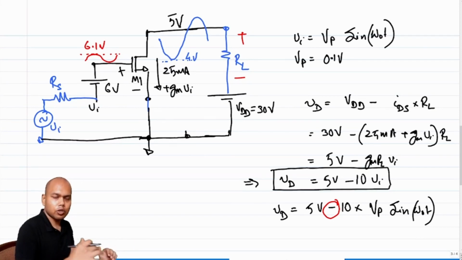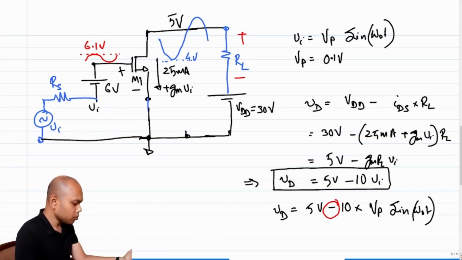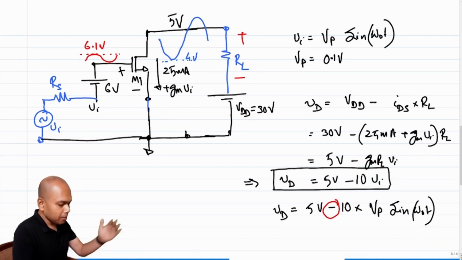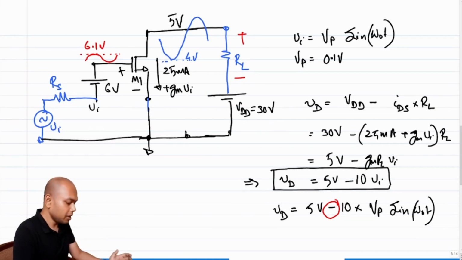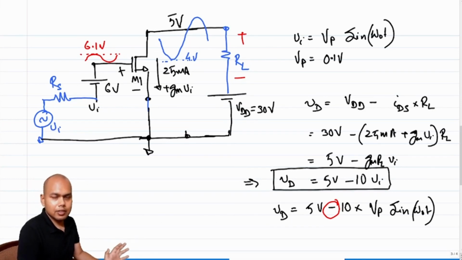If the drain voltage goes more than one threshold voltage below the gate, the transistor goes out of saturation, right? So clearly, in this case, when the input has gone to 6.1 volt, the minimum drain voltage that is allowed should be 5.1 volt, right? Other than that, you will have a problem.